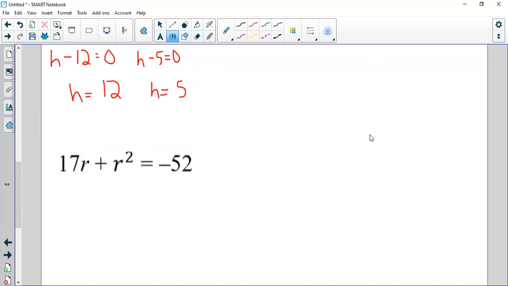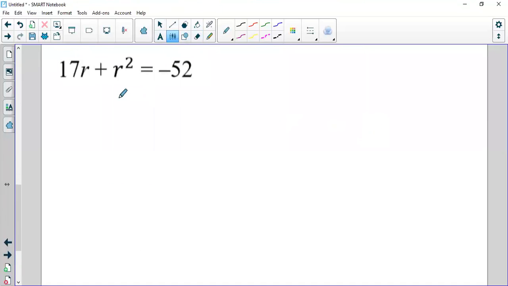And last but not least, for sure, once again does not equal 0. I must make it equal 0 to apply my zero product property. And the a term is written second. So while I add 52 to both sides, I will also rearrange that left side into the proper order.